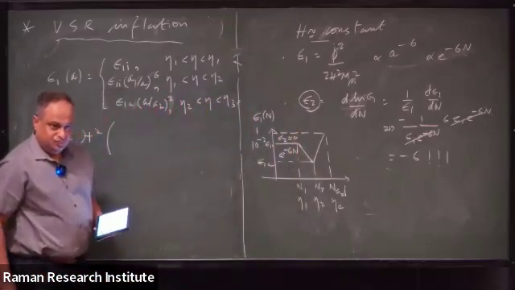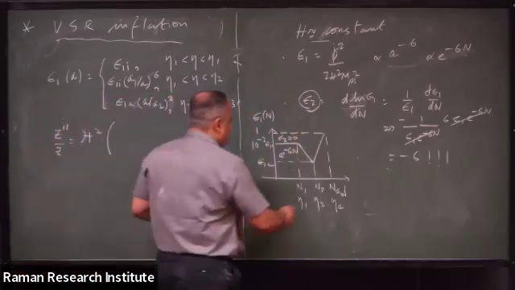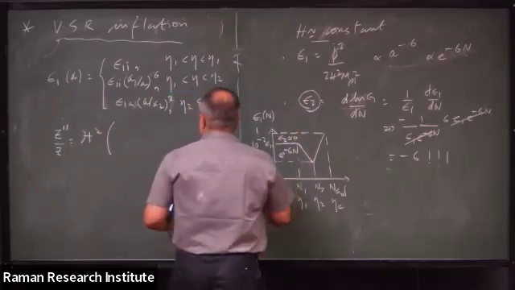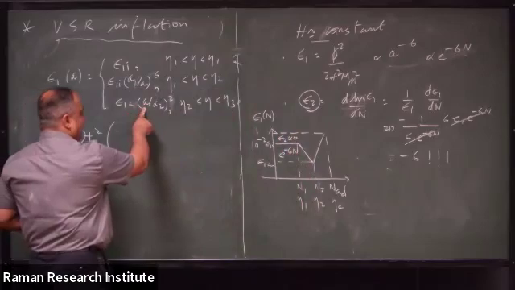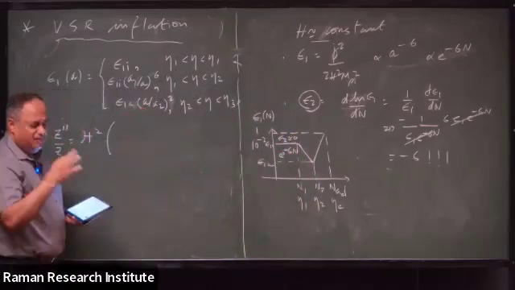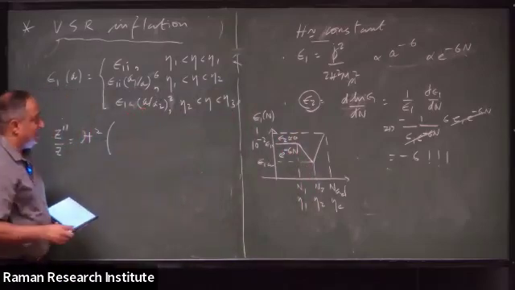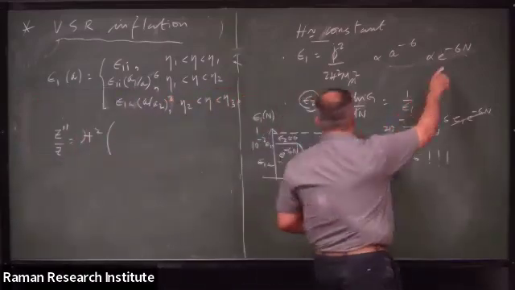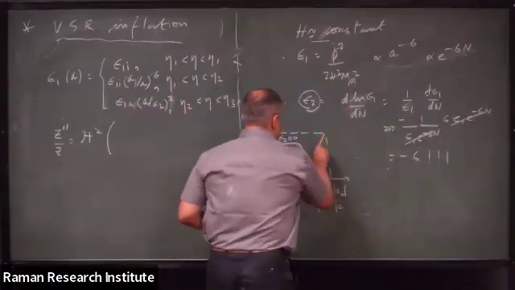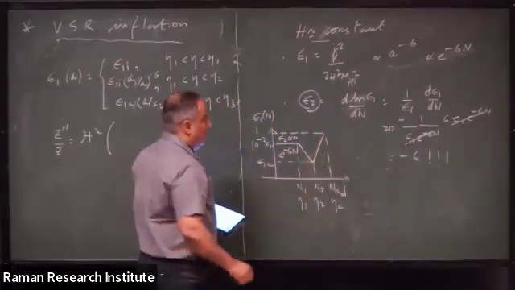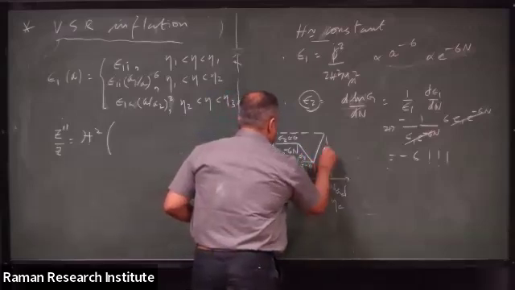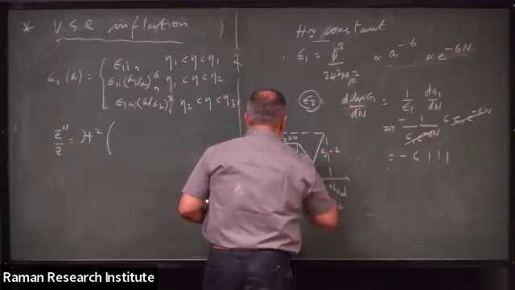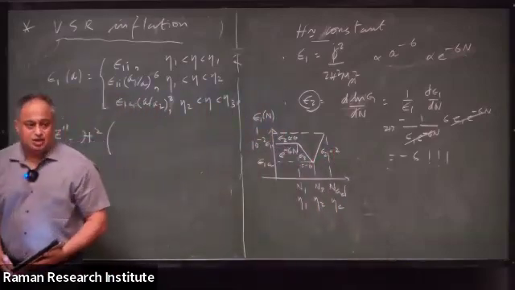Here, you can convince yourself that epsilon1 is proportional to some power of A, and just like in this case, here too, epsilon1 is a constant, epsilon2 is a constant. I have just shown here epsilon2 equal to minus 6. Here, epsilon2 equal to 2. I will let you show that.